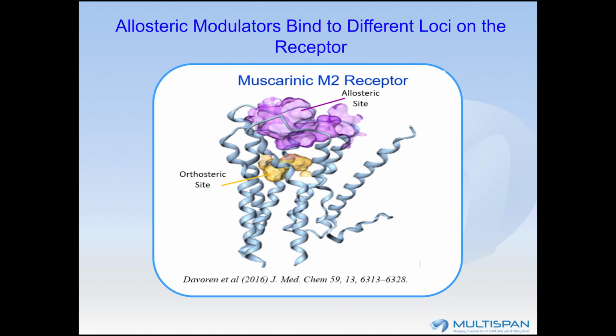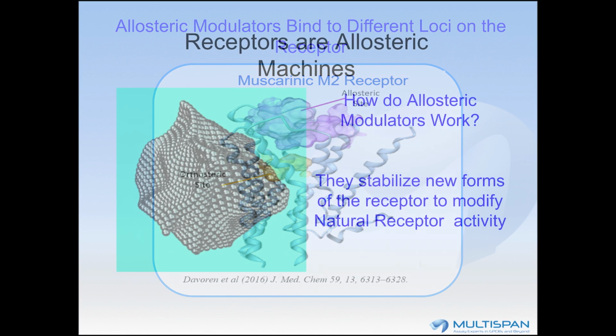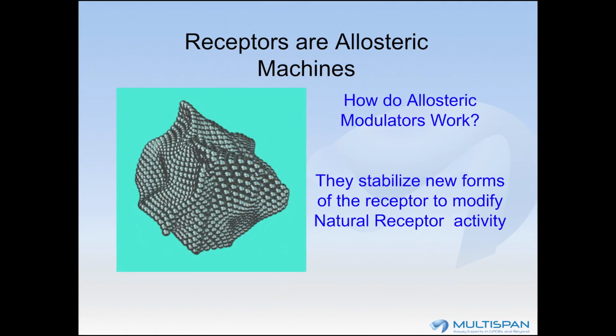And this is what underscores allosteric activity. So the question is, how does this occur? The next slide shows that an allosteric compound binds to the receptor and stabilizes a unique conformation of that receptor that has an altered activity towards the natural hormone or the neurotransmitter.